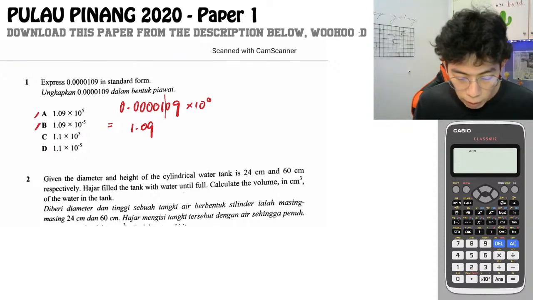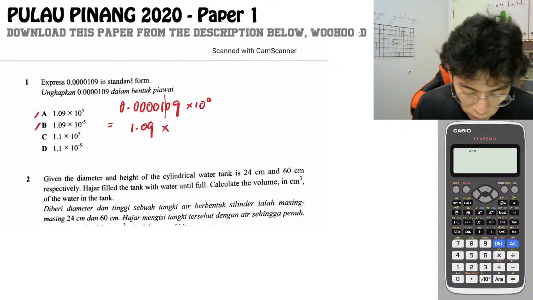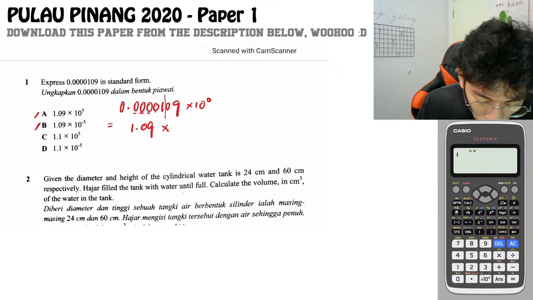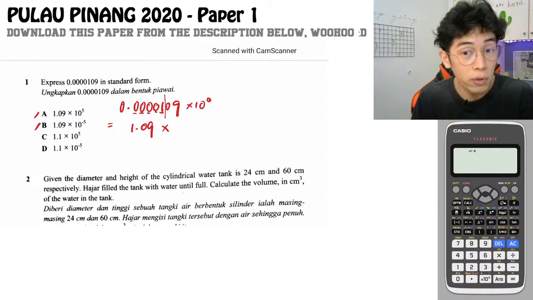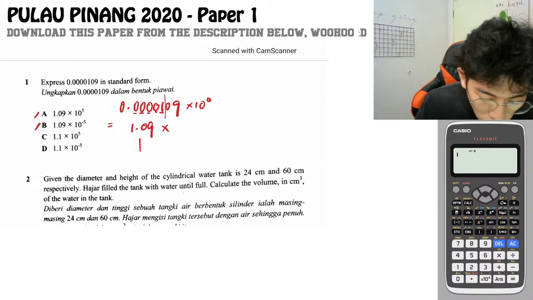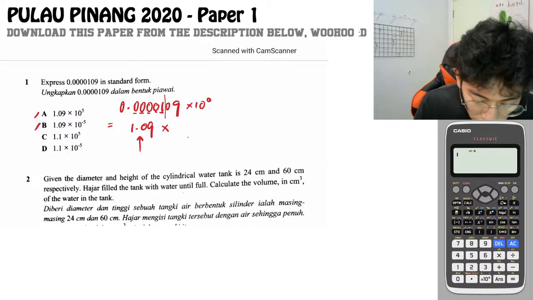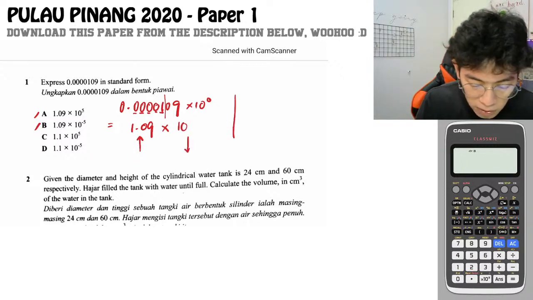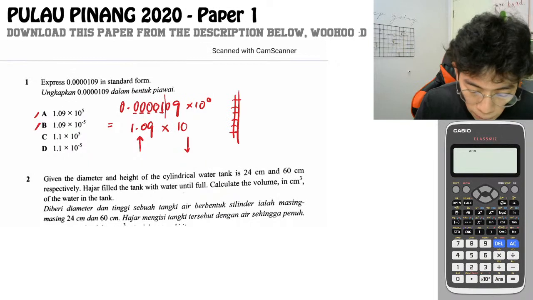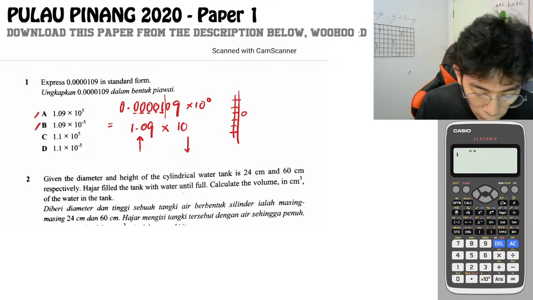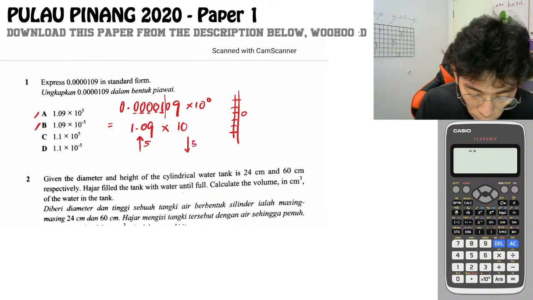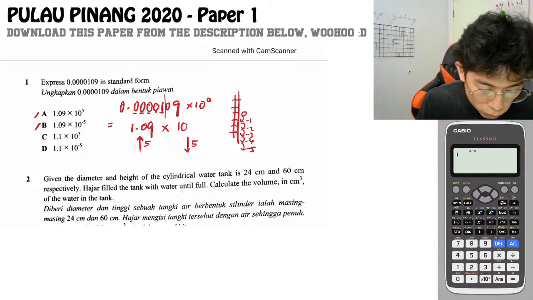Then times 10 to the power of what? We count 1, 2, 3, 4, 5. It's just like a ladder concept, guys. From 0.00 something, we go up by 5, so we go down by 5 in the power: 1, -2, -3, -4, and -5. So your answer will be B.